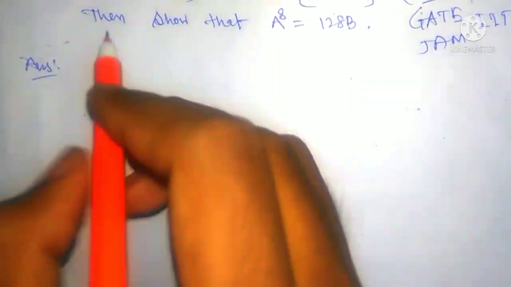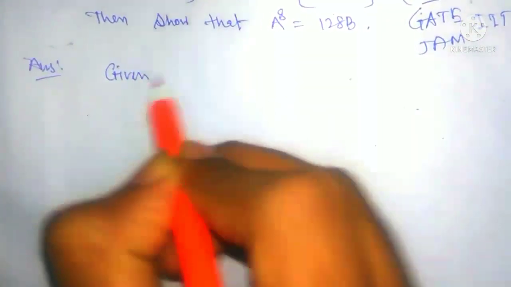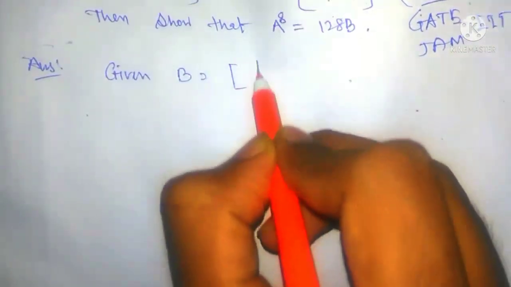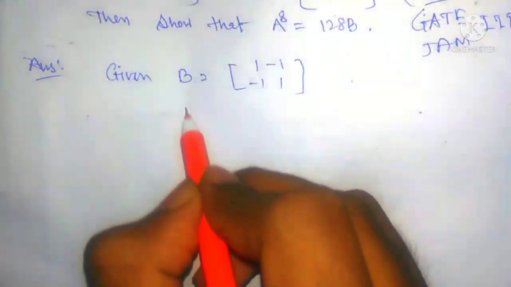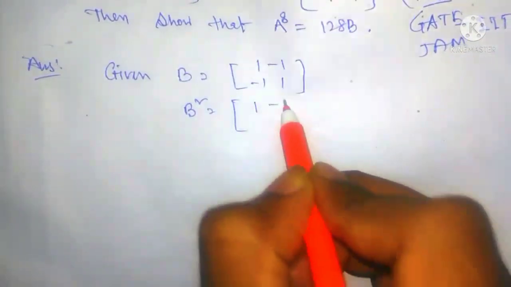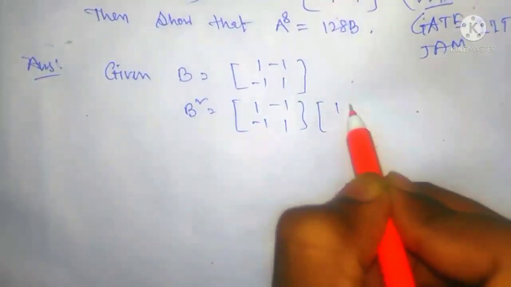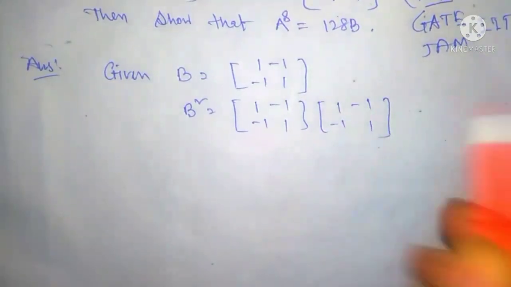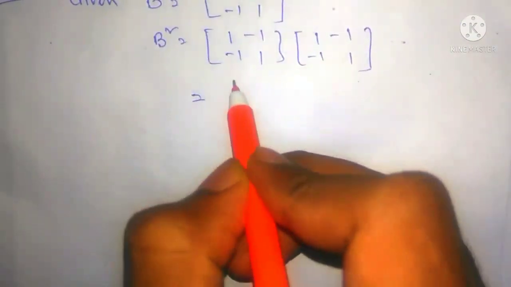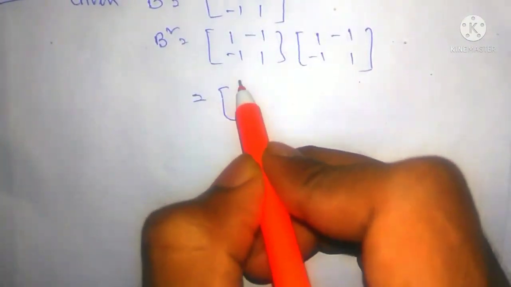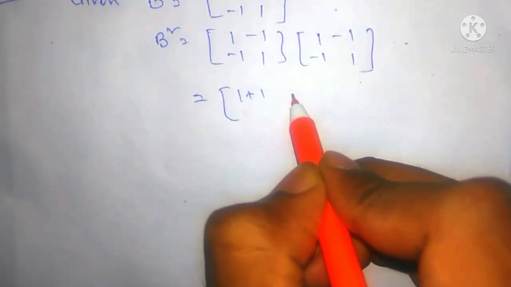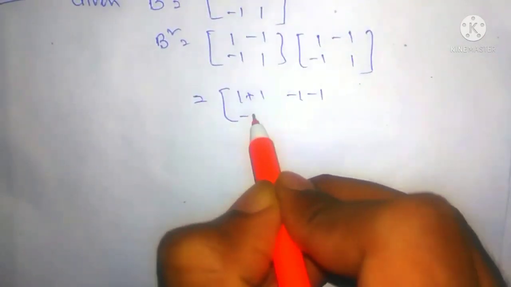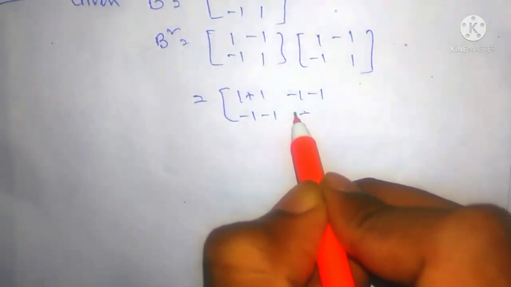Given that B equals 1, minus 1, minus 1, 1. Then what is the value of B square? That is 1, minus 1, minus 1, 1 multiplied by 1, minus 1, minus 1, 1. The value of B square is 1 plus 1, minus 1 minus 1, minus 1 minus 1, 1 plus 1.